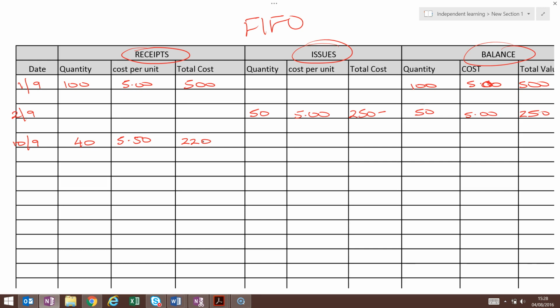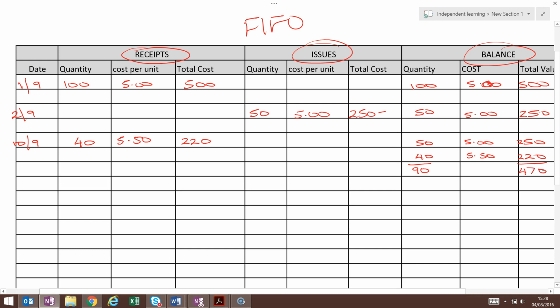So what we know is that at the moment in stock we already have 50 at £5. We're adding to that another 40 at £5.50. So in total we have 90 at £470.